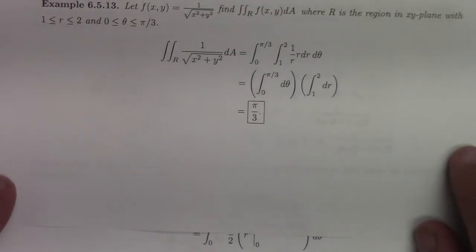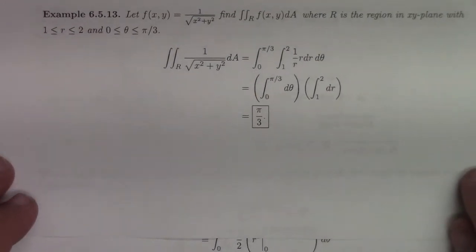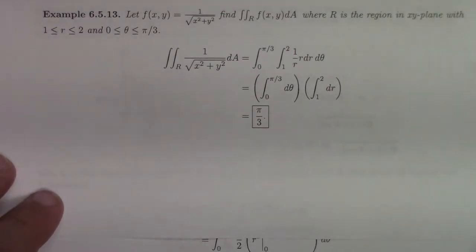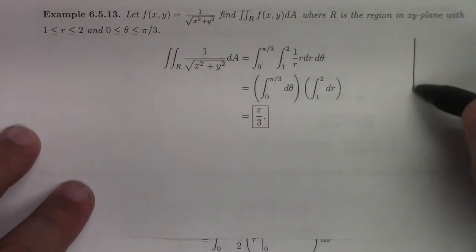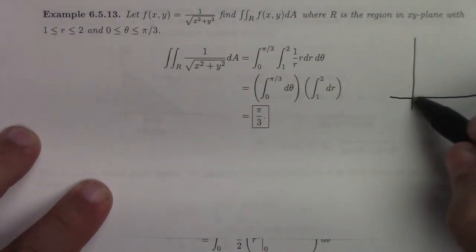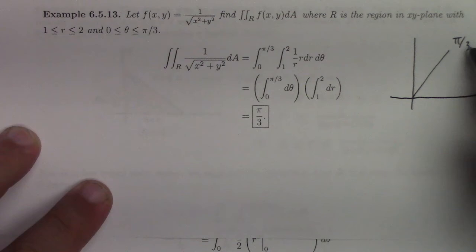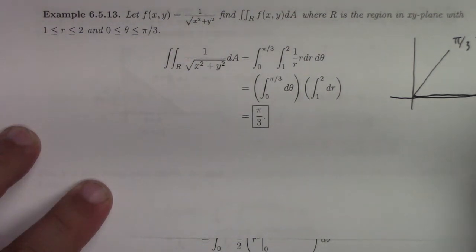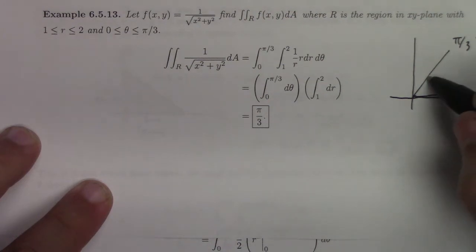Here's another example. Here we have R as the region in the xy plane with 1 less than r less than 2 and theta between 0 and pi over 3, where theta equals 0 is the lower bound, and r goes from 1 all the way out to 2, so this is like a sector.